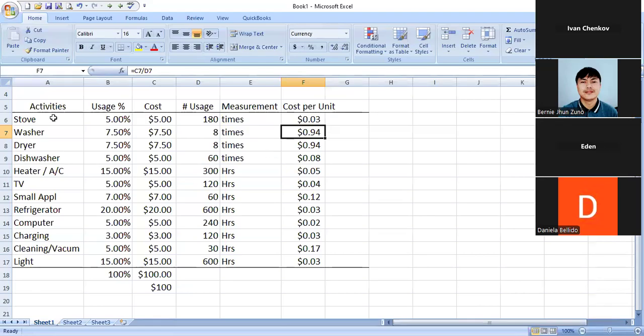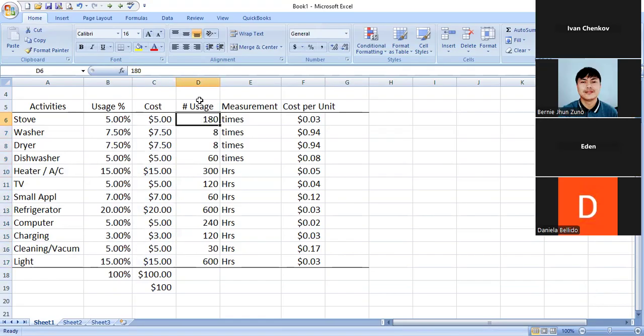This is basically how you develop and organize the activity-based costing system in a company. You start again with identifying the activities. Then we calculate the cost pools. Based on each activity, based on the usage as a percentage, we come up with the cost pool.